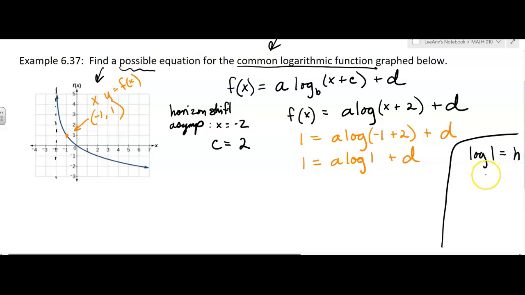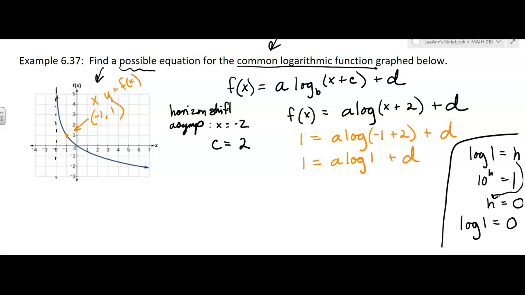Well then if you were to rewrite that in exponential form, it'd be 10 to the h equals 1. So what does h have to be if we're going to get 10 to some power to be 1? h has to be 0. And so we make this statement that log of 1 equals 0.